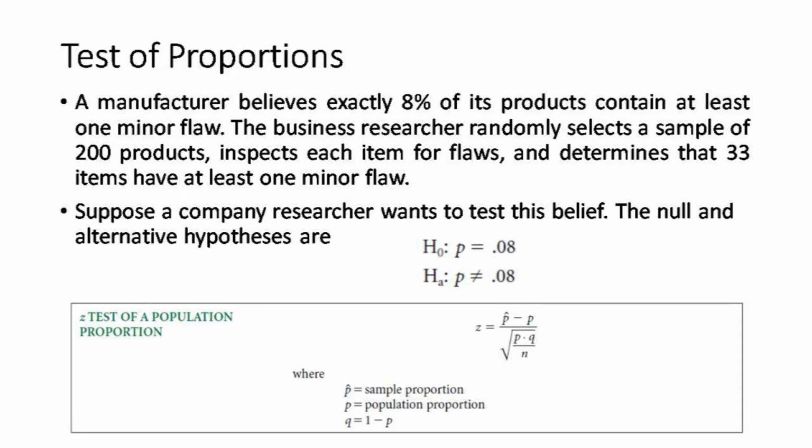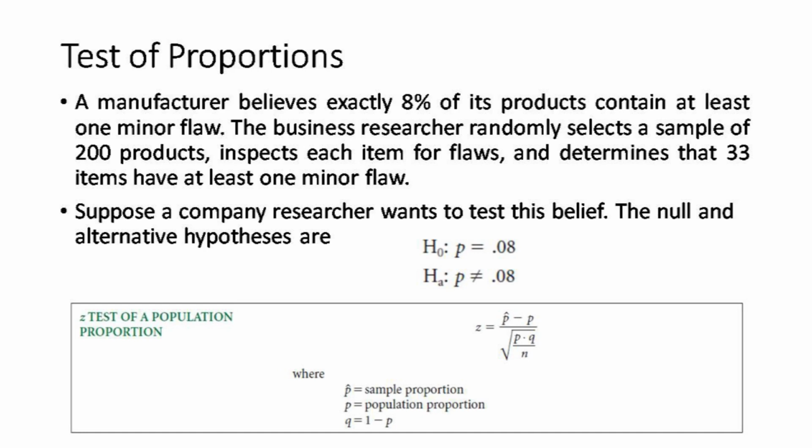Suppose a manufacturer believes that exactly 8% of its products contain at least one minor flaw. The business researcher randomly selects a sample of 200 products, inspects each item for flaws, and determines that 33 items have at least one minor flaw.